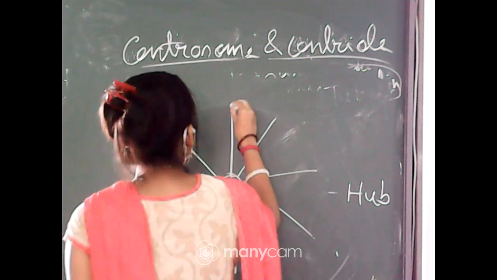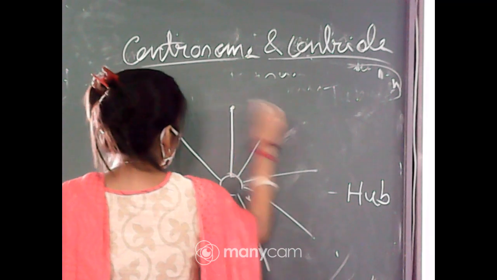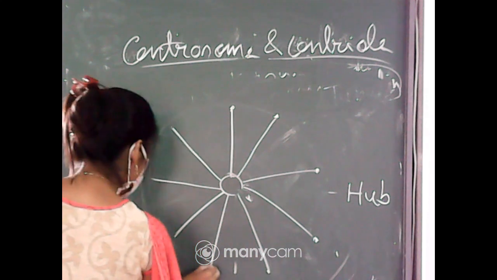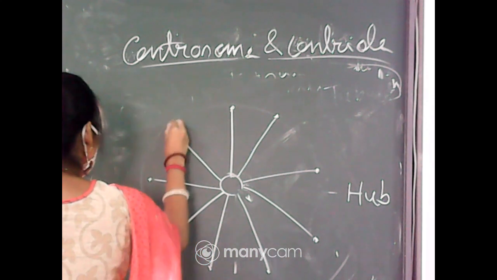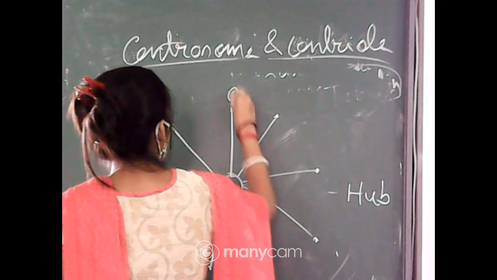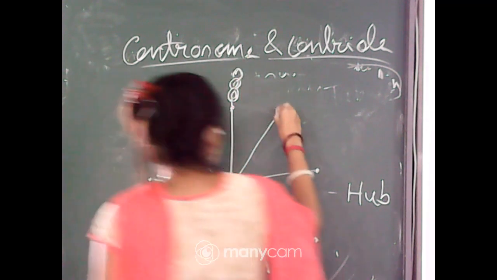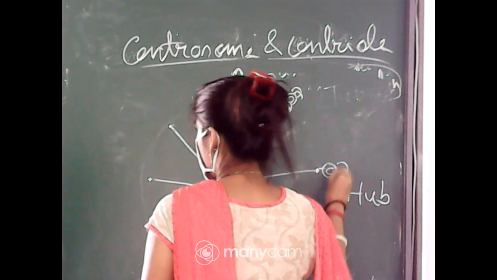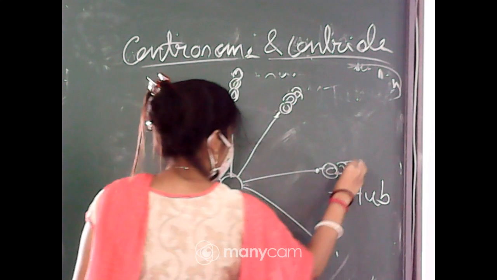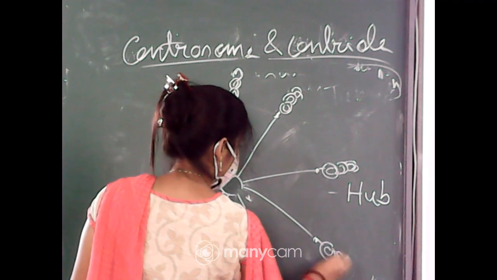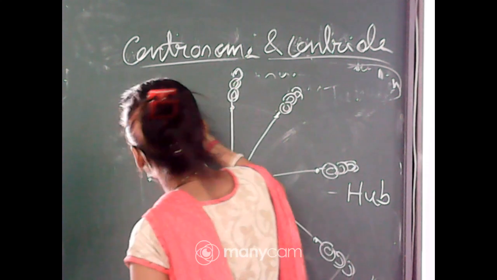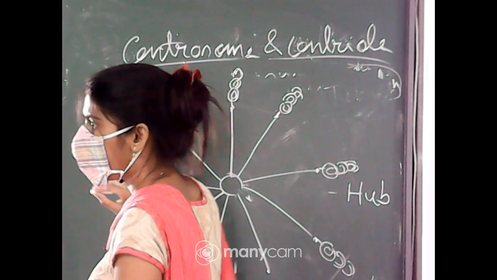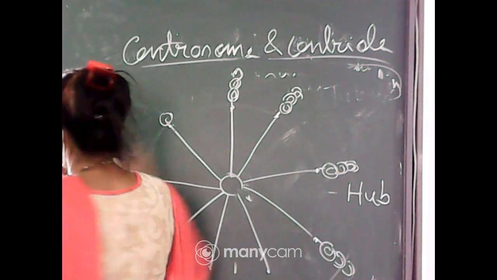Now some thickenings are present. These are dense material, called X thickening or X body, present with these triplets.